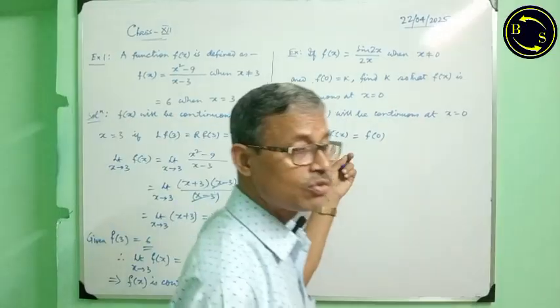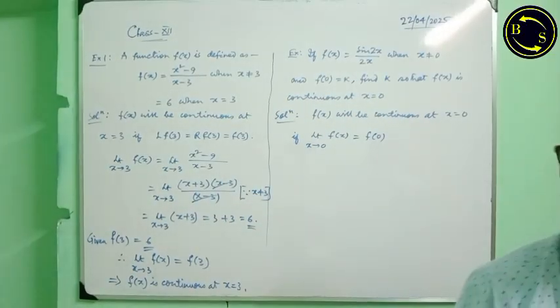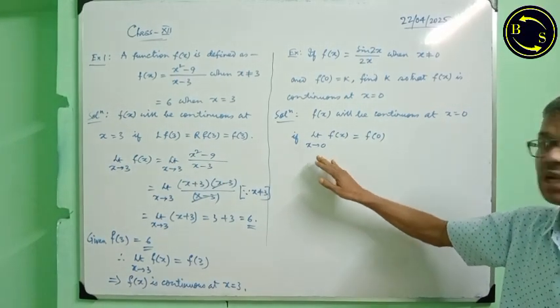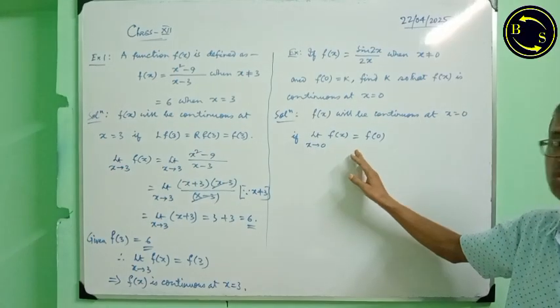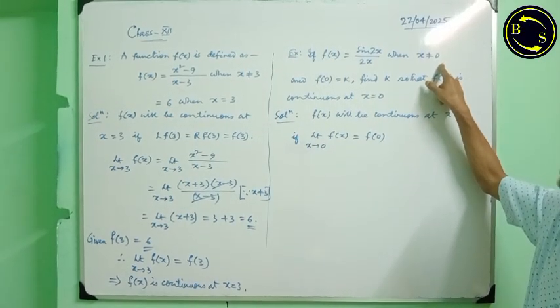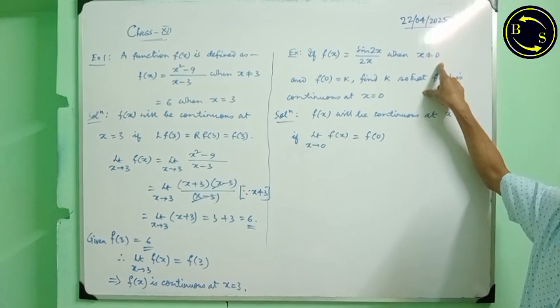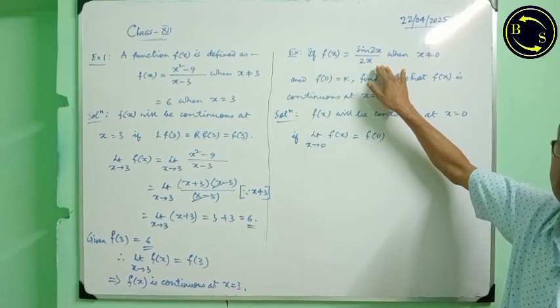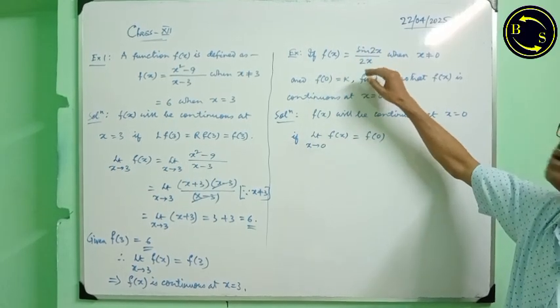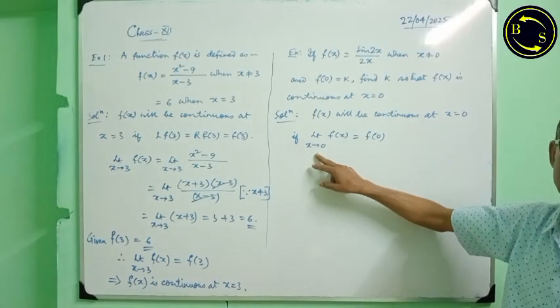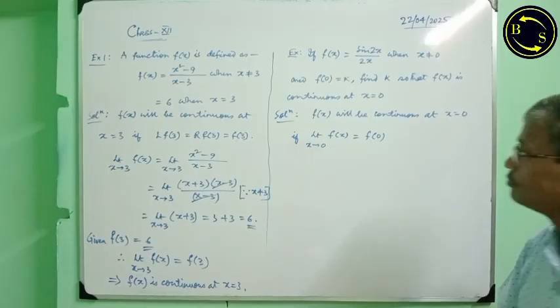Now we calculate this first, and you note that we are not calculating the left hand limit and right hand limit separately as x tends to 0. Since x is not equal to 0, if x tends to 0 plus and x tends to 0 minus, in both cases the value of the function will be the same, or we can replace f(x) by this same expression. That is why we are calculating directly limit x tends to 0 f(x).